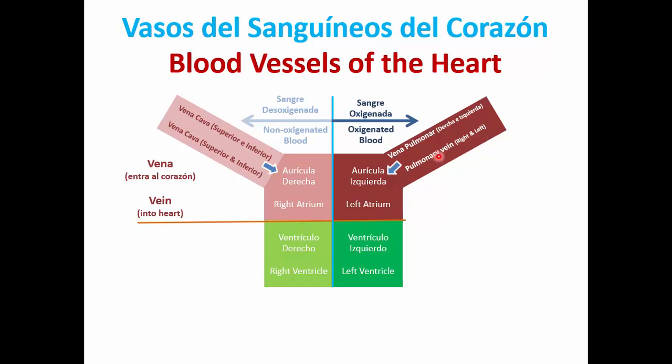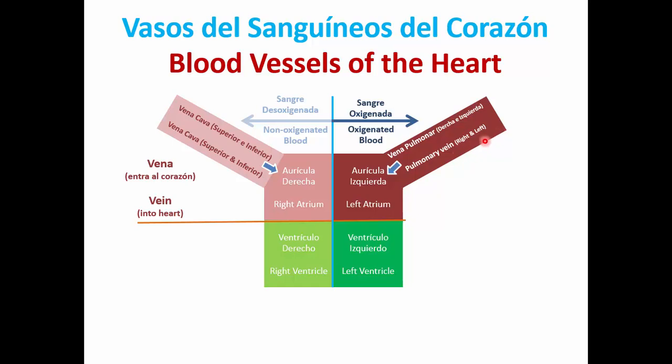And this is quite obvious when you think about it, because the blood that reaches the right atrium is coming from the rest of your body: what's coming from the top of your body and what's coming from the bottom. That's why you have a lower and superior vena cava. And for the pulmonary veins, you have a right and left lung, so they have to split up and come back to the heart.